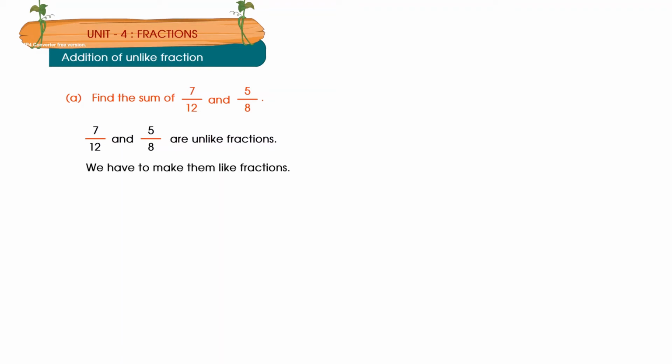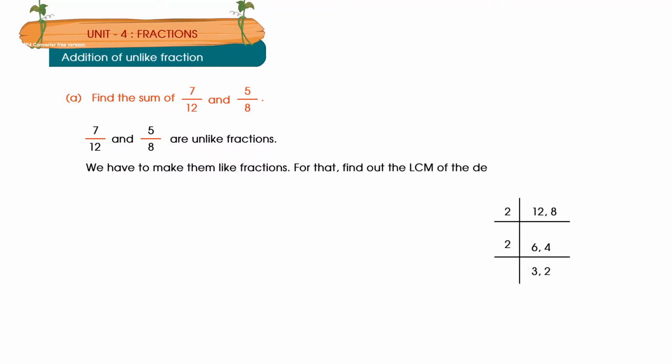Addition of unlike fractions. A. Find the sum of 7/12 and 5/8. 7/12 and 5/8 are unlike fractions. We have to make them like fractions. For that, find out the LCM of the denominators 12 and 8.